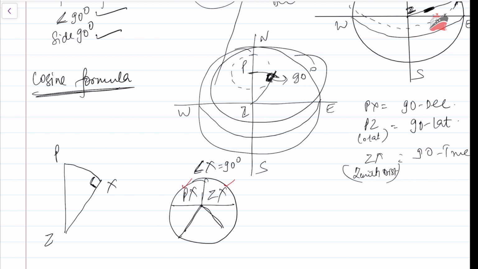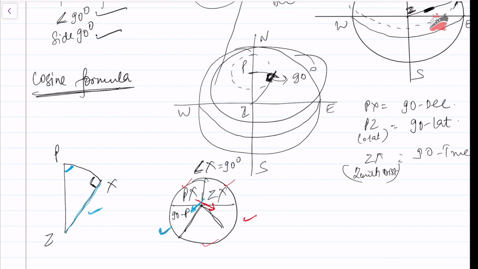Once you write this in these sections, you will have to write 90 minus whatever angle you have. In this section of the circle, you write the angle opposite to ZX. ZX is this side, and the angle opposite to ZX is angle P, so you write 90 minus P. Similarly, in this section you write what is opposite to side PX.